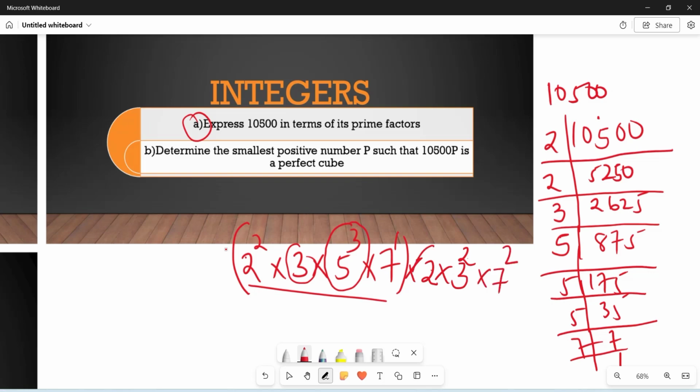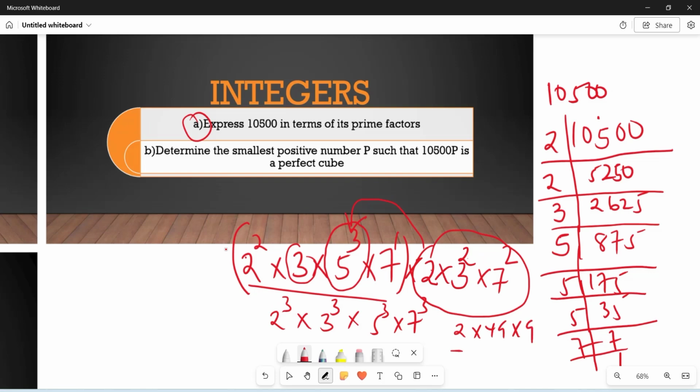So this is the value of p, such that when we multiply by 10,500, all of them have a power of 3, a perfect cube. So what is the value of p in that case? We have 2, 9 and 49. 7 squared is 49. So 2 times 49 times 9 will give us 882. That is the value of p.